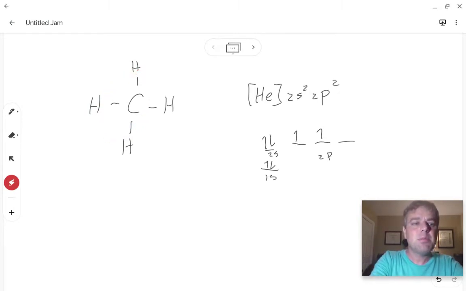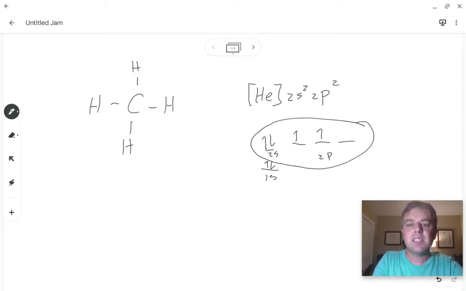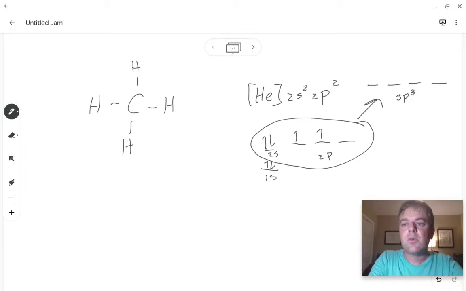But what happens is this process called hybridization, where instead of having a 2s orbital and three 2p orbitals, it ends up making 4 equivalent-in-energy orbitals called sp3 orbitals, that it puts one electron into each of and then is able to make those bonds. It's called sp3 because it takes an s orbital and 3 p orbitals to do this. So this is called sp3 hybridization.